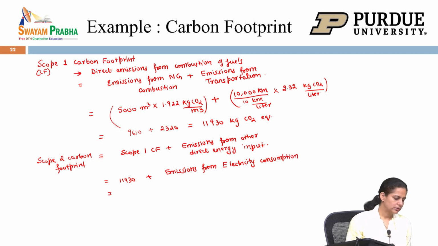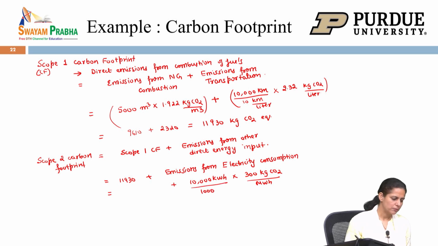So, your electricity consumption here is given as 10,000 kilowatt hour. So, we have 10,000 kilowatt hour of electricity. Your emission factor is given as 300 kg CO2 per megawatt hour. So, we need to convert the kilowatt hour into megawatt hour.